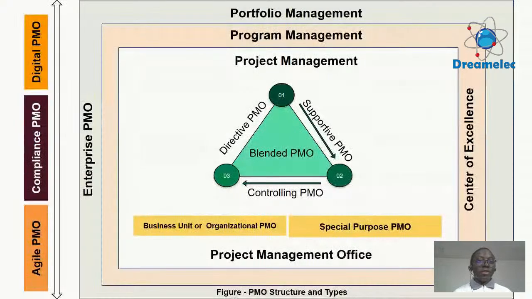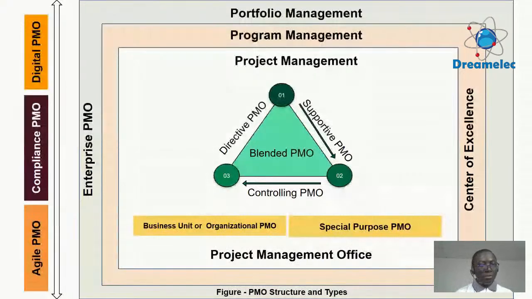You may have a supportive PMO who is there providing you guidelines, who provides you some necessary tools and knowledge to support the achievement of your project, right? That is called supportive PMO. The next one that you can have is a controlling PMO.